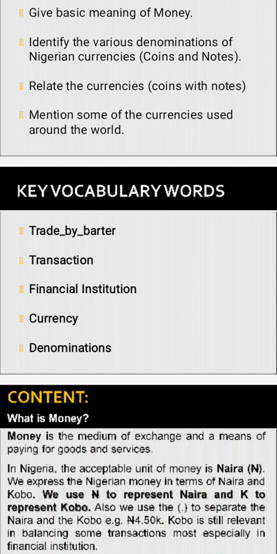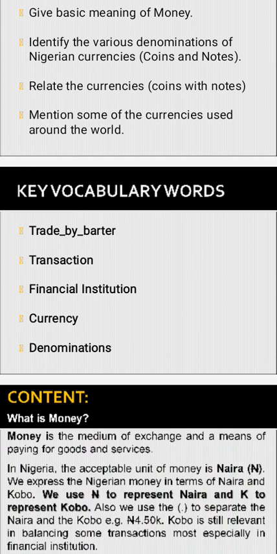That's how you trade by barter. Even in terms of goods like crops, maybe fruits like orange or pineapple. If you have pineapple, I have orange, and I need pineapple and you need orange, we can exchange. So we trade by barter.